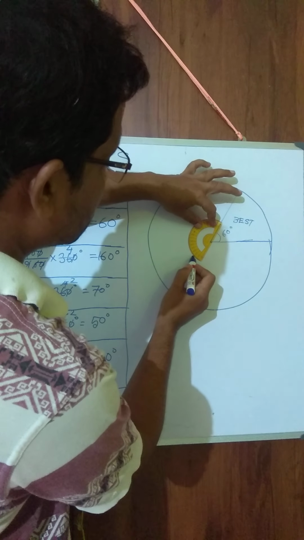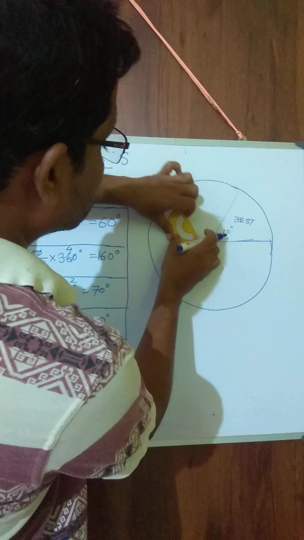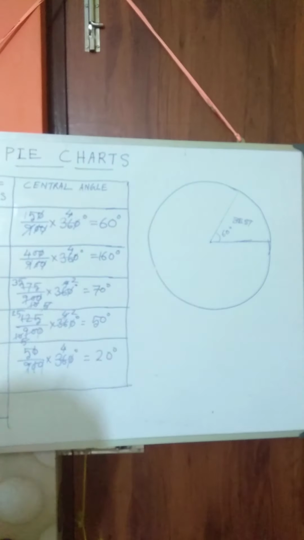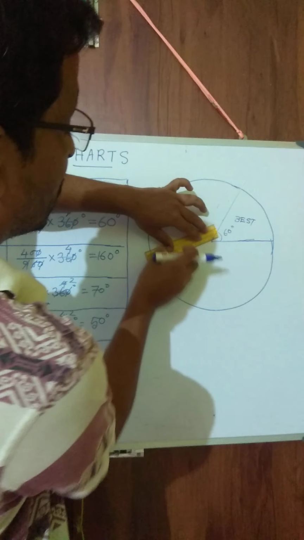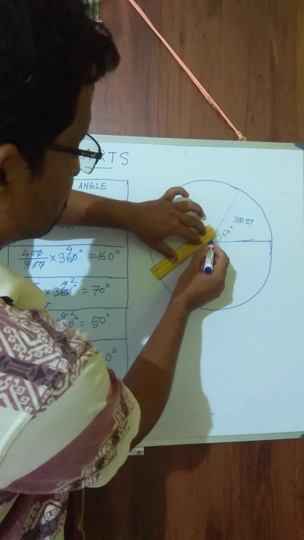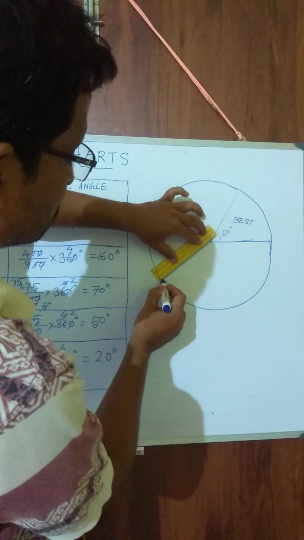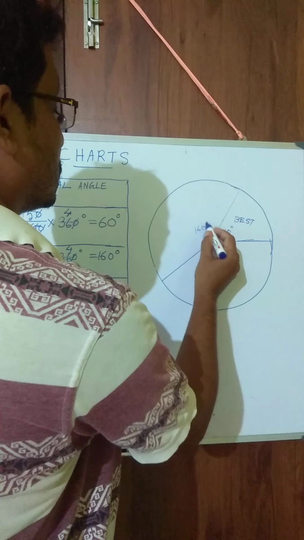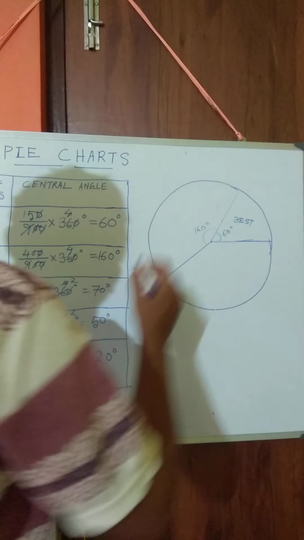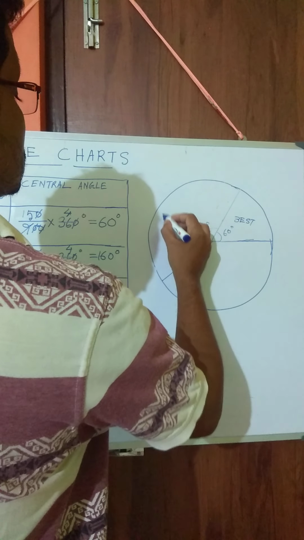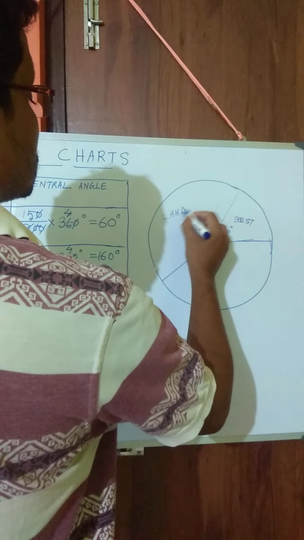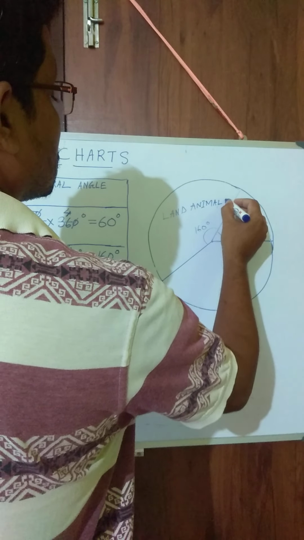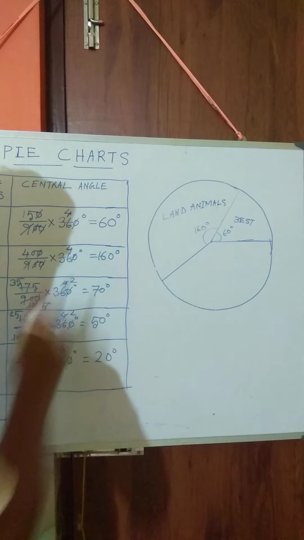So this is the angle 160 degree. Now with the help of scale, draw this angle. And here you write land animals.